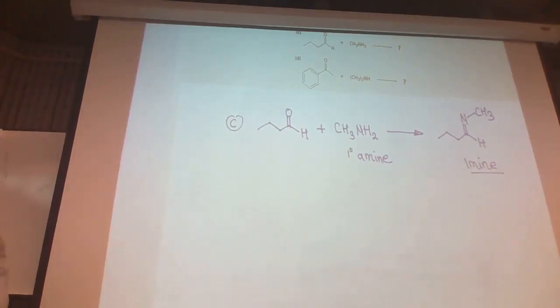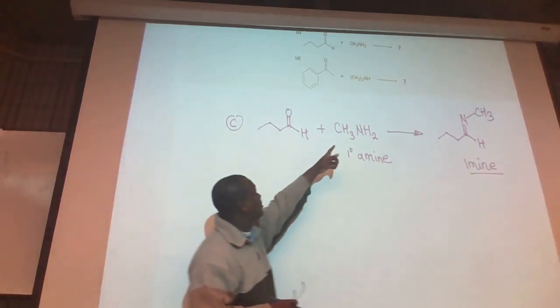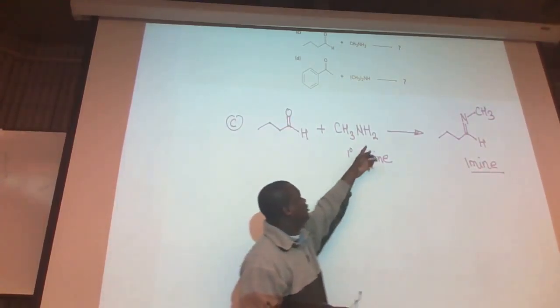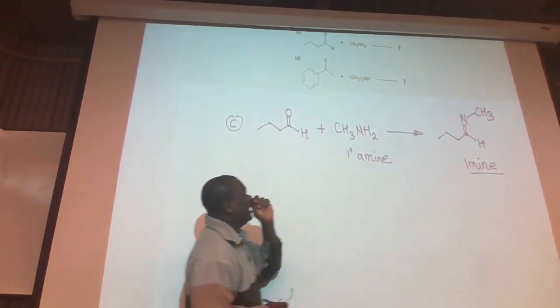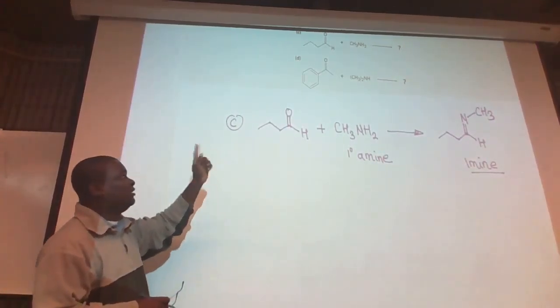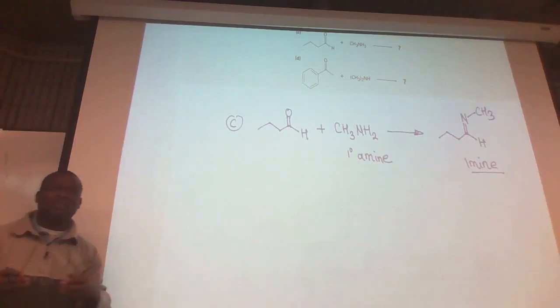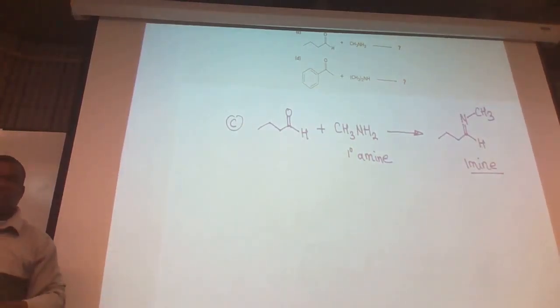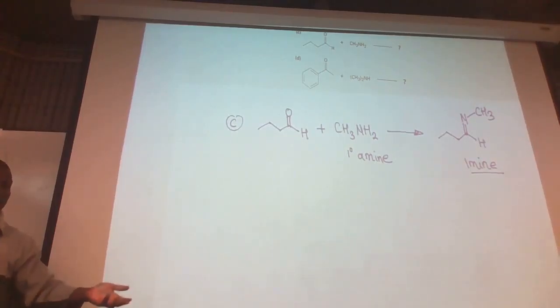Okay? So basically, that nitrogen is replacing the oxygen, and the two hydrogens you have on the nitrogen are bonded with the oxygen to form water. We don't care about water, so you don't have to write the water. If you want, you can. So that's your product. Now the mechanism.